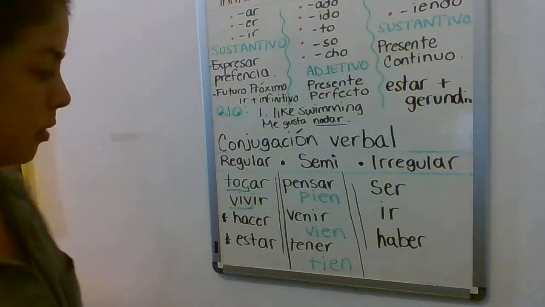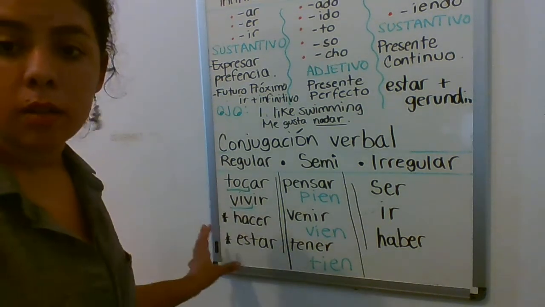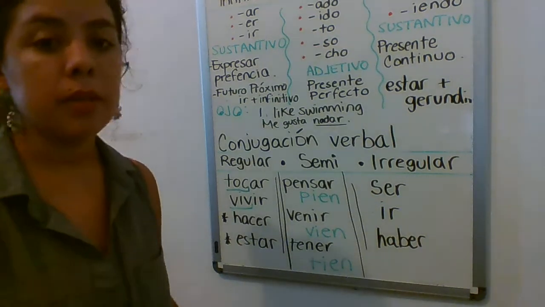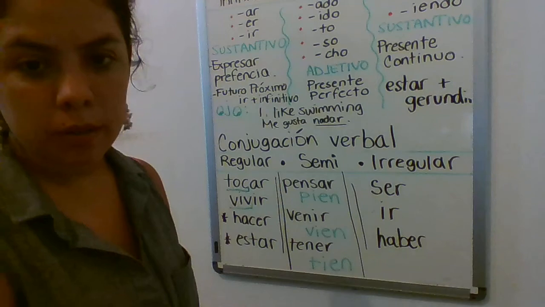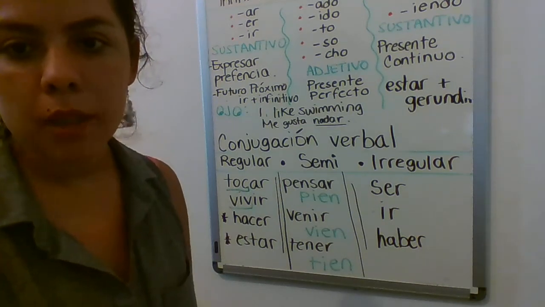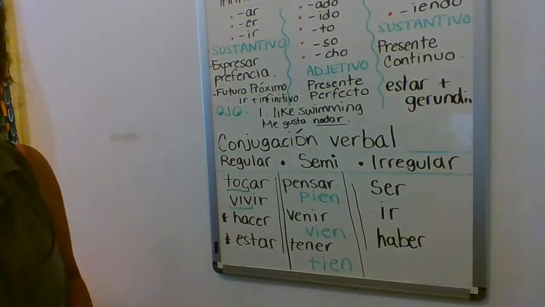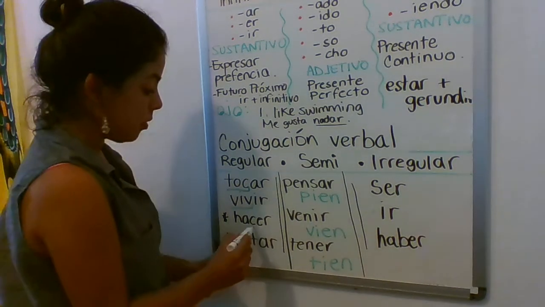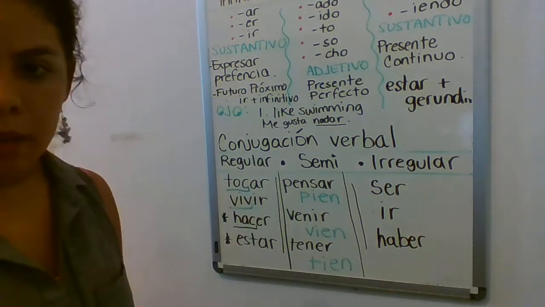Now, I have the verb hacer, to do, and the verb estar in the regular column. Why? Because they're 90% regular. Only the first person is a little bit irregular, only the ending. For example, the stem for hacer is HAC.